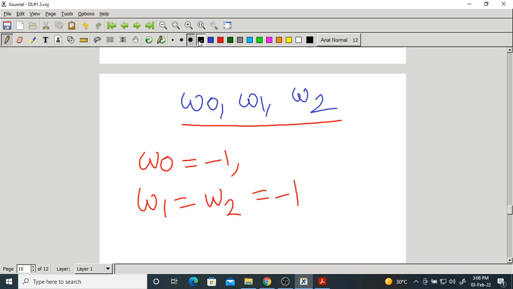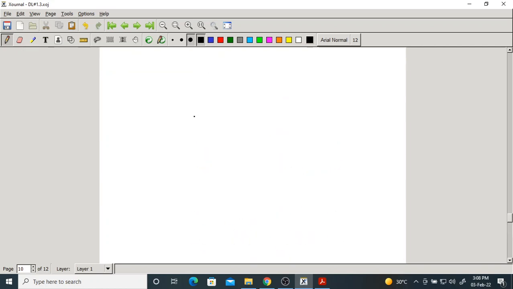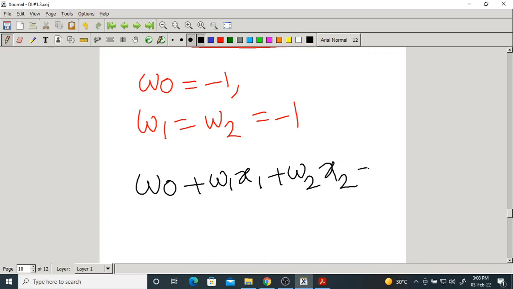Now what happens to the geometric interpretation? What is the line equation? The line is W0 plus W1 x1 plus W2 x2 equal to 0. This is the boundary.